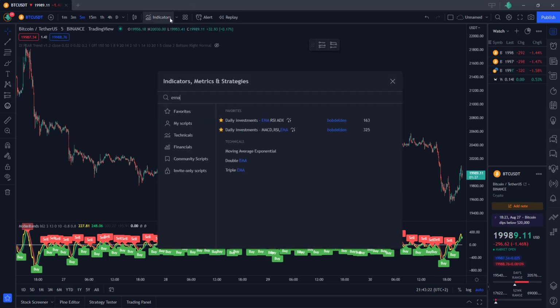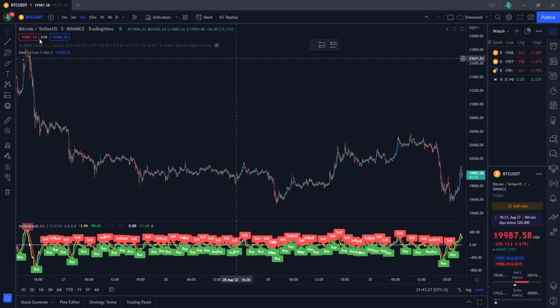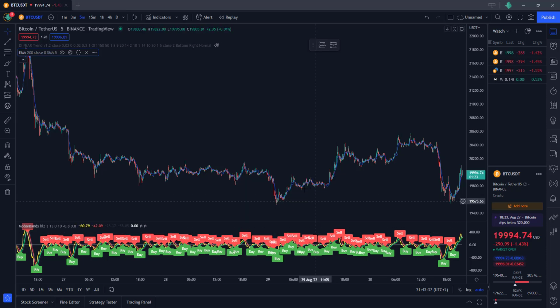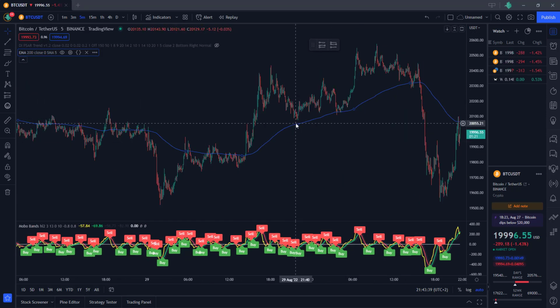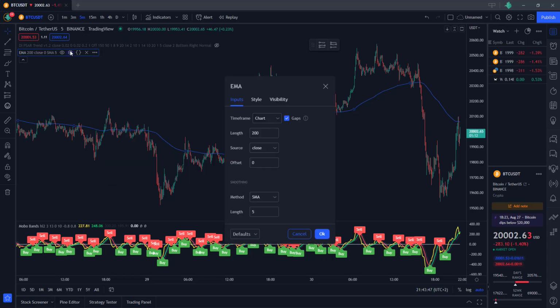So press in the EMA 200, so moving average exponential, and of course we're gonna make it a 200 EMA, so we're gonna adjust the length of this indicator. It's gonna be 200. I always prefer to make the line a bit thicker, so you clearly see if the price is under or above the EMA.